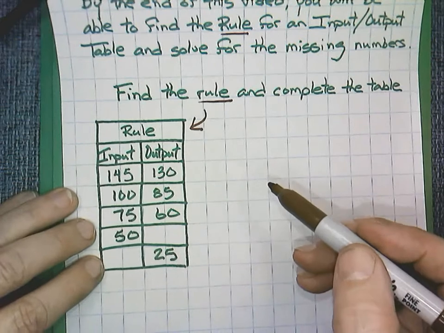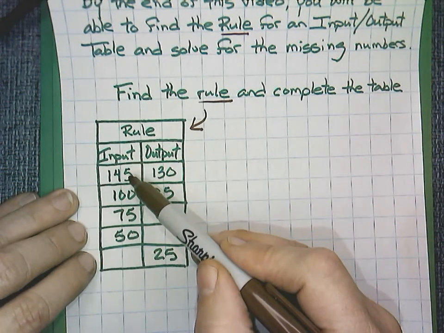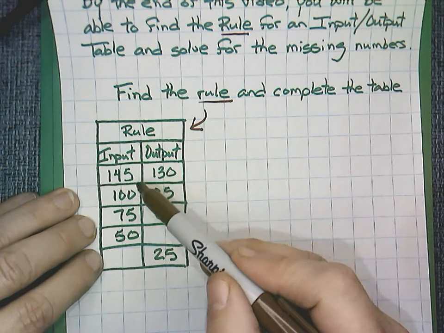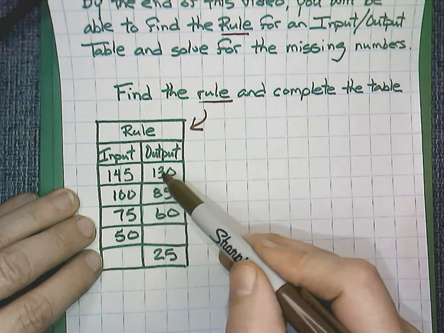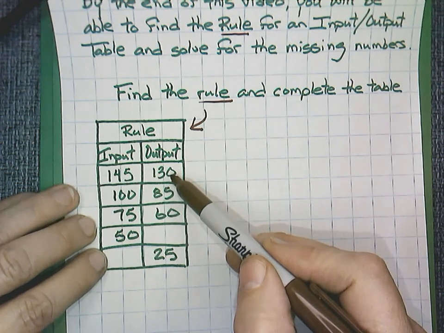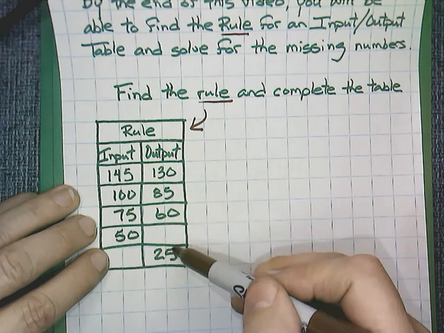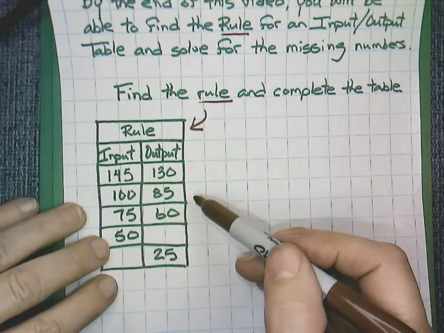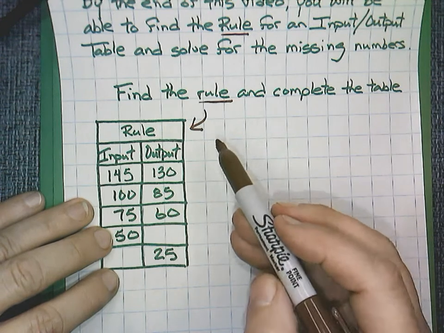The first step with input-output tables is that we want to check the input number and compare it to the output. I can see that our first number is 145 and that the output is 130, which means it's getting less. When the numbers are getting less, your choices are going to be either subtraction or division.